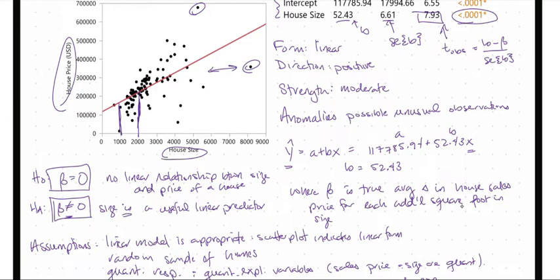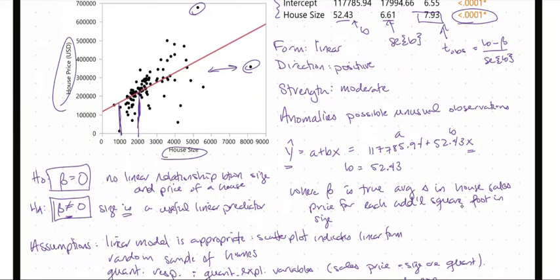We would expect to pay about $5,200 more for a home that is 1,000 square feet larger than for another home that is 1,000 square feet smaller. So thinking about things in terms of 1 square foot at a time is kind of hard. But if we think about homes in terms of 1,000 square feet at a time, that makes things a little easier to interpret this slope.